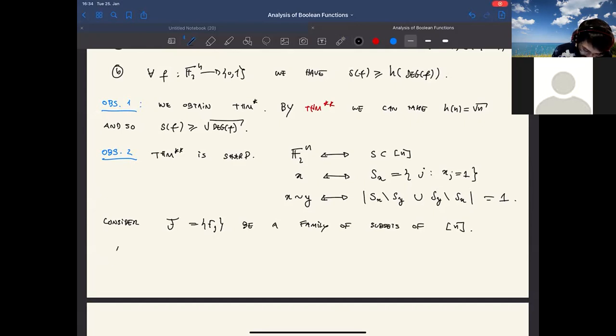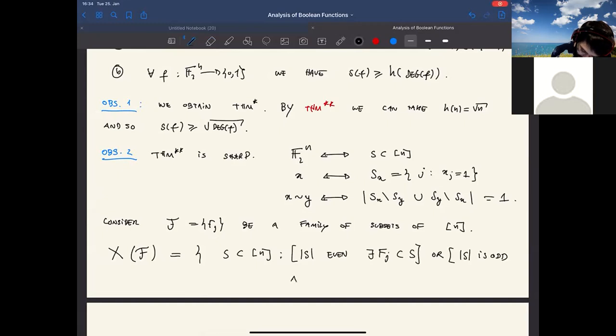And you consider, say, the vertex set to be the subsets F of [n] such that the size is even, and there exists some F_j contained in F, or F is odd, and there is no F_j contained in F. Okay, so you're even, and there is some set contained in F, or you're odd, and there is no set contained in F.